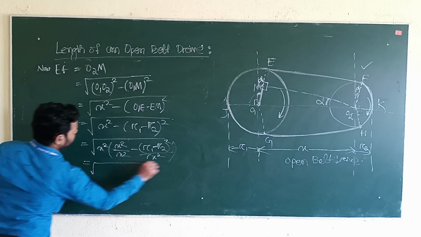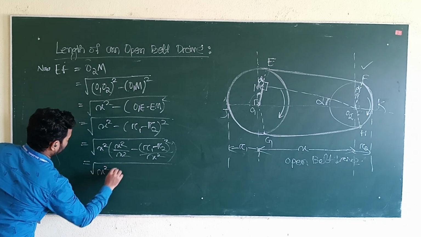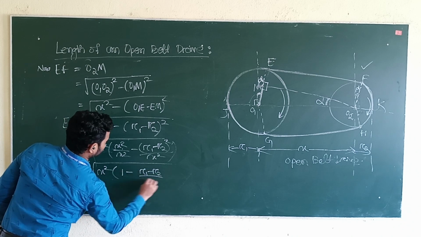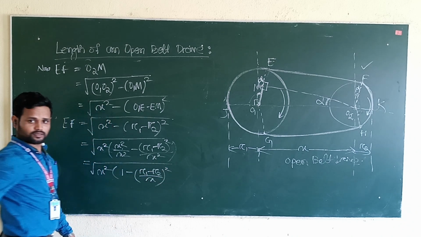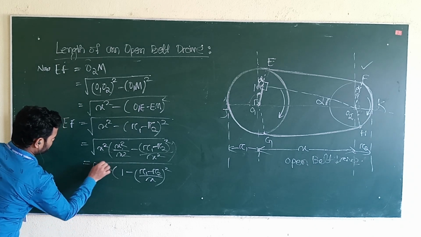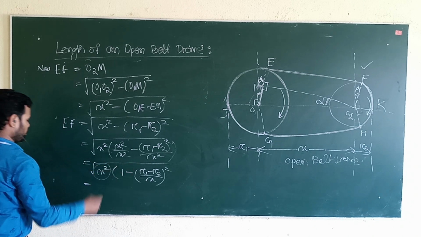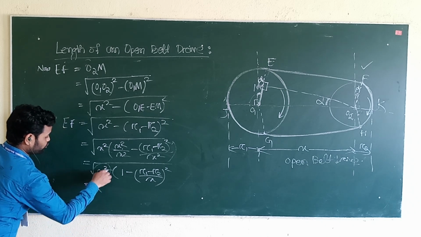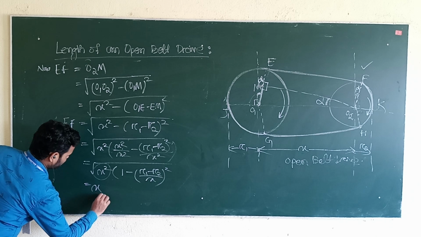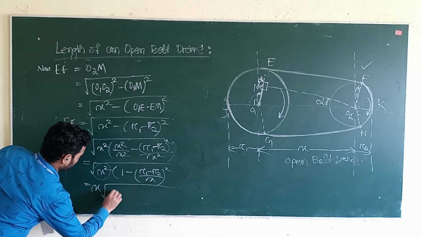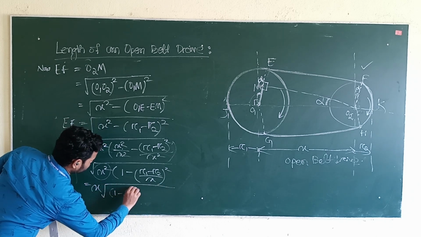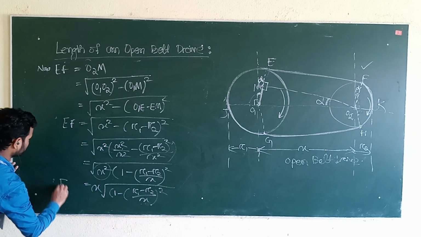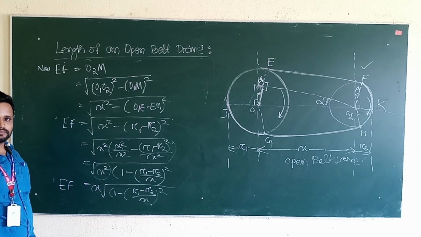Then under the root, X square times 1 minus R1 minus R2 by X whole square. If we remove this X square from the square root, what happens? The square root becomes X, so X times the bracket 1 minus R1 minus R2 by X whole square. This is the value of EF.